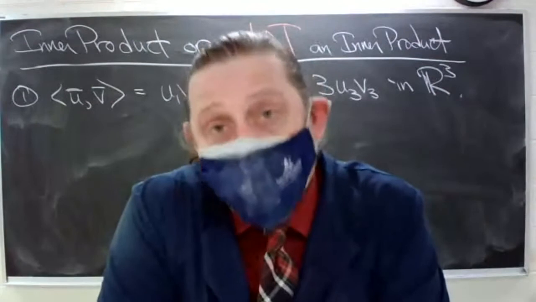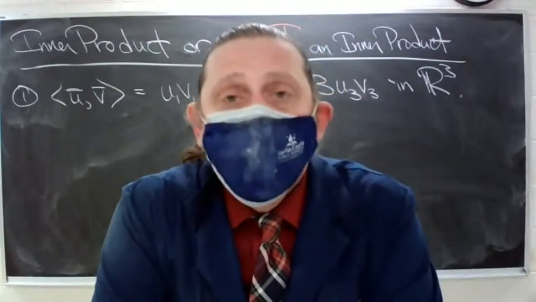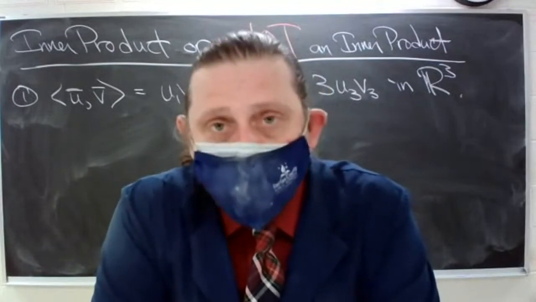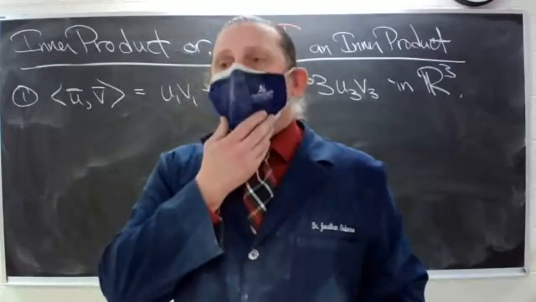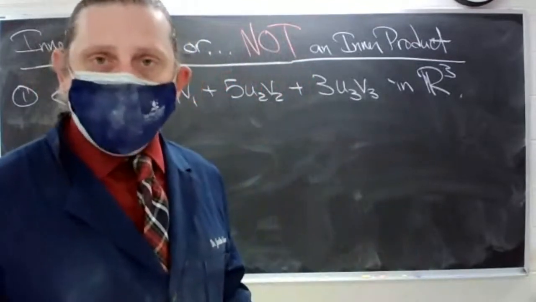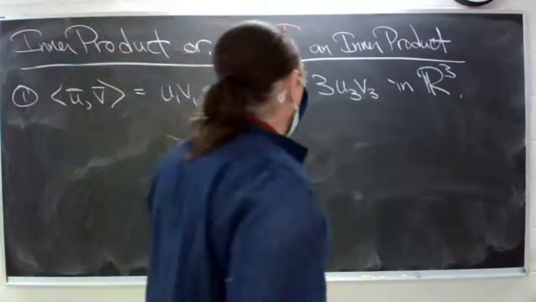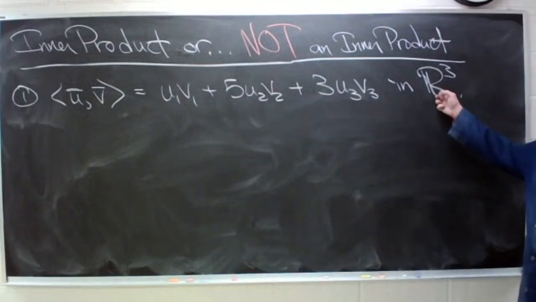We could modify any of these candidate inner products just by putting complex conjugates on the first contributions and make them work with complex numbers, but I'm just not going to do that here because we're only working with real numbers for the time being.